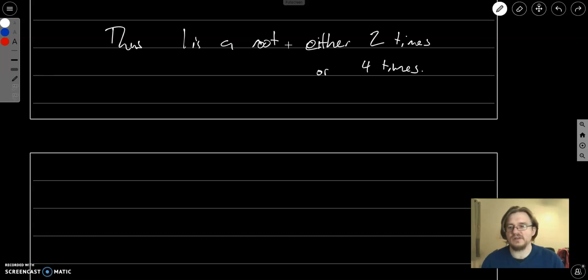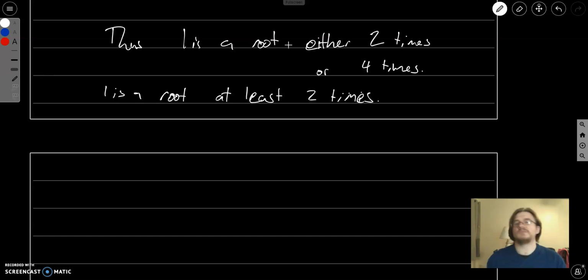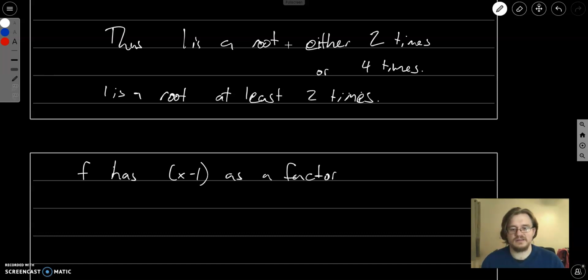Let me write this up here. 1 is a root at least 2 times, which means the following. f has this as a factor twice, meaning that I can divide f by this 2 times.